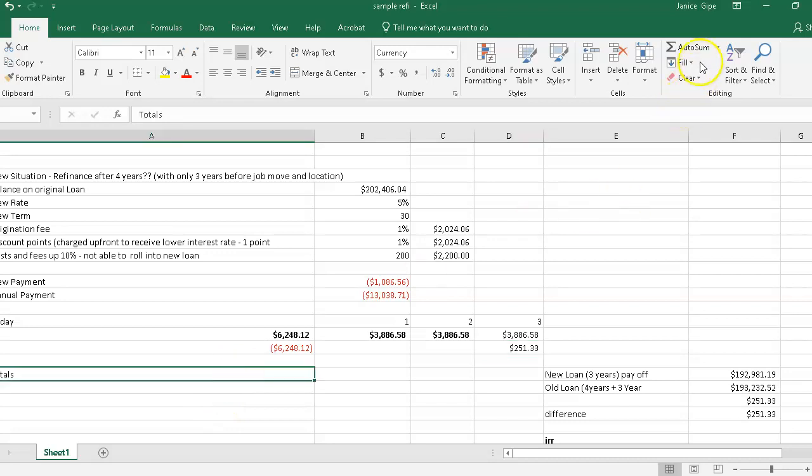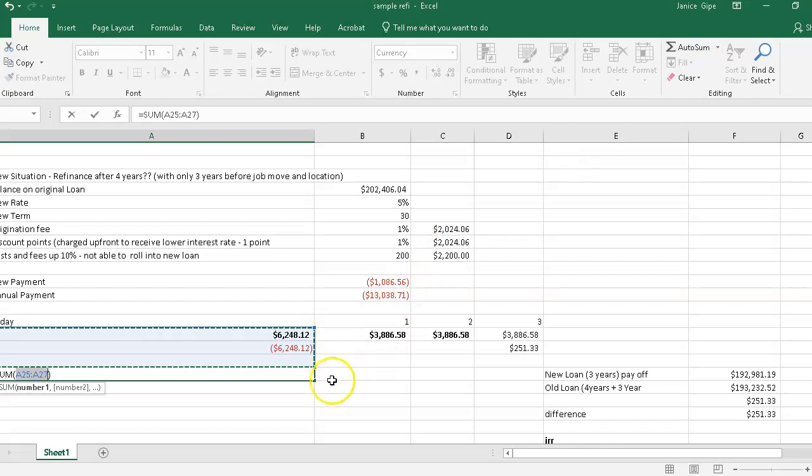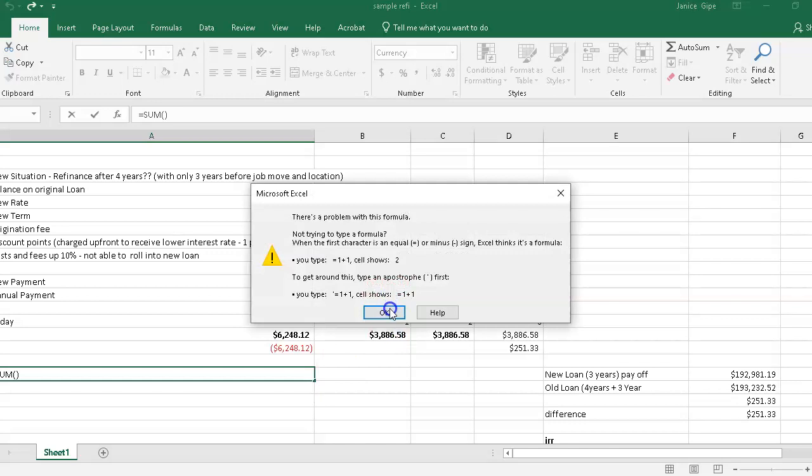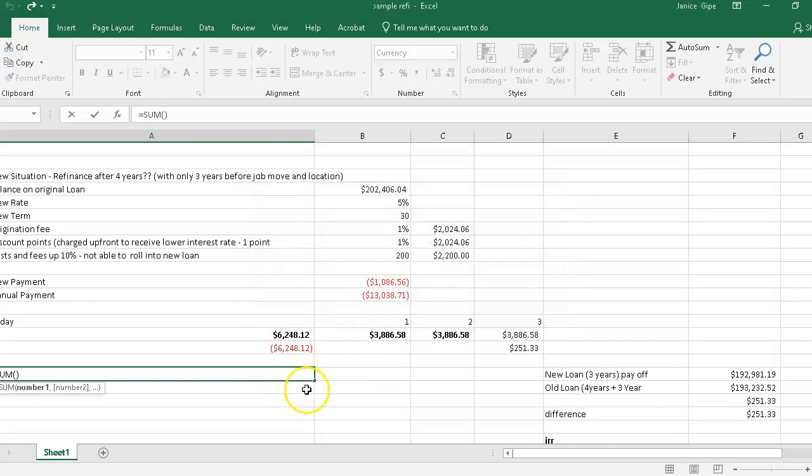So the totals should auto sum, and with that, I don't want to do that. So okay, sorry about that.